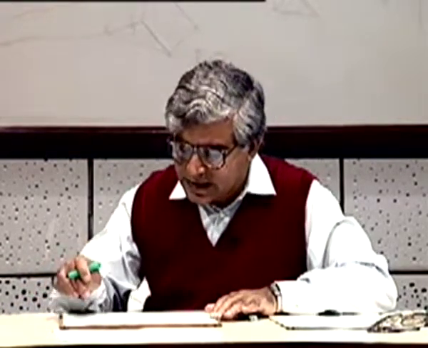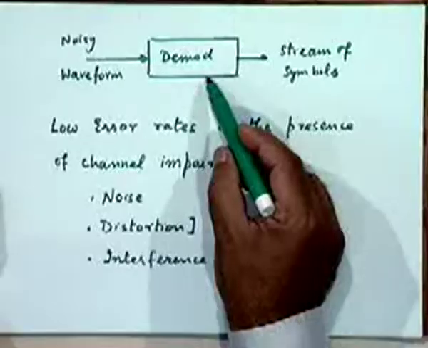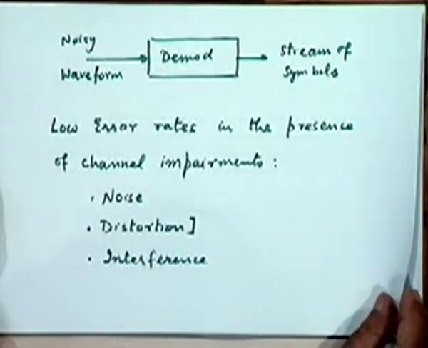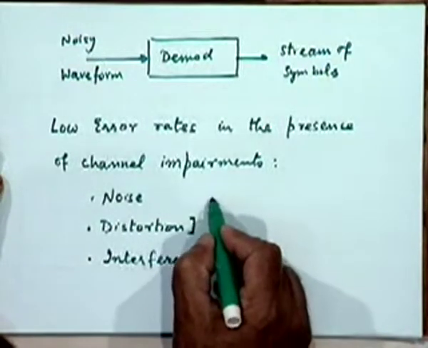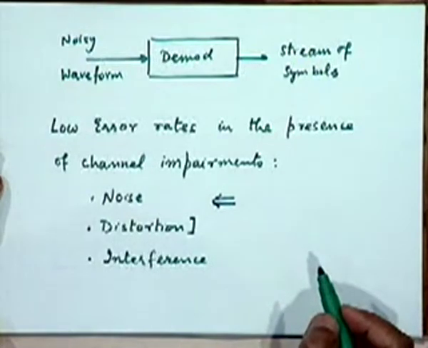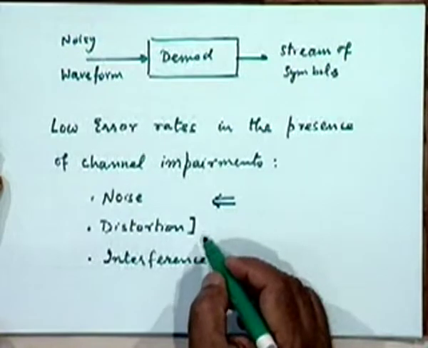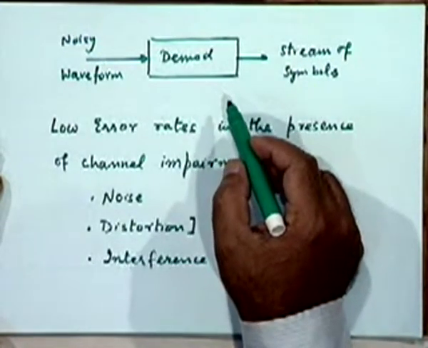And as far as the digital demodulator is concerned, what we really like to have is a low error rate demodulator in the presence of all these impairments. Of course, for the time being, we will primarily concern ourselves with this impairment, that of additive noise. We will not really look into these other two impairments and their impact on the design of a demodulator at this stage.